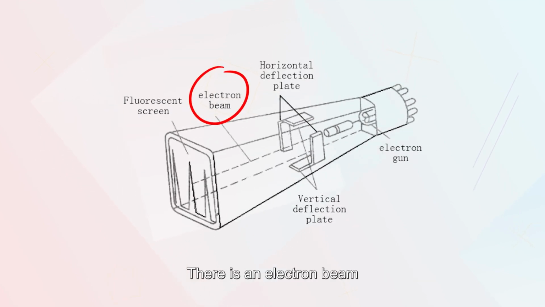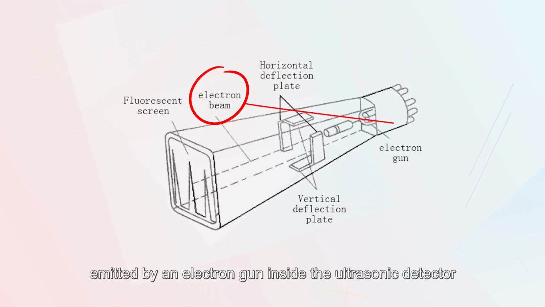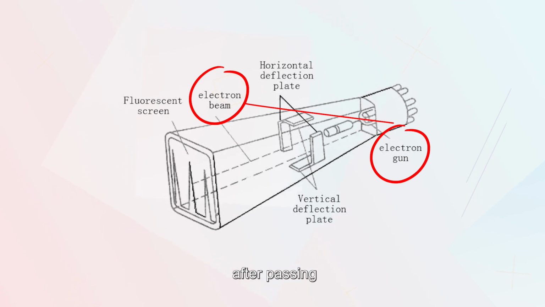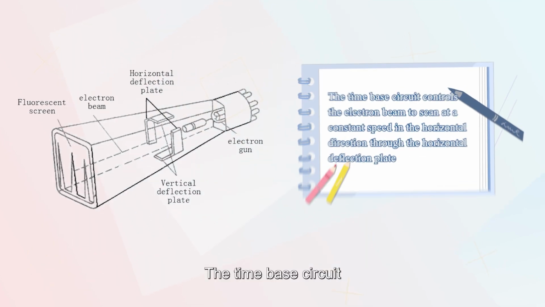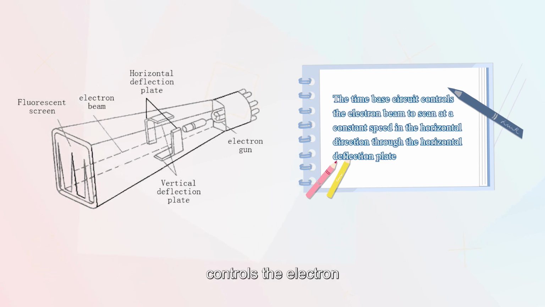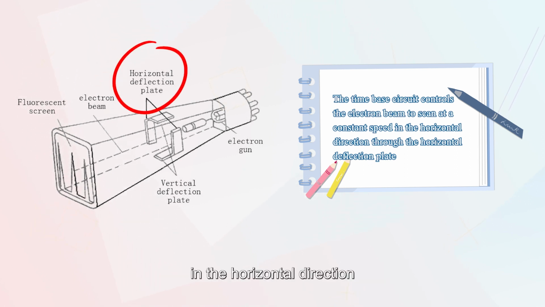There is an electron beam emitted by an electron gun inside the ultrasonic detector after passing through the deflecting plate to reach the phosphor screen. The time-based circuit controls the electron beam to scan at a constant speed in the horizontal direction through the horizontal deflection plate, and a horizontal time baseline appears on the phosphor screen.